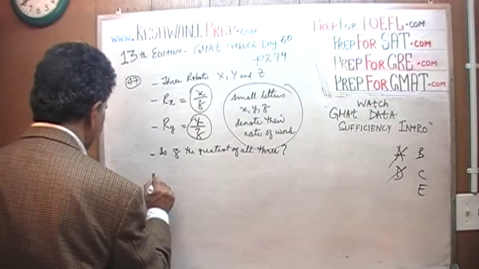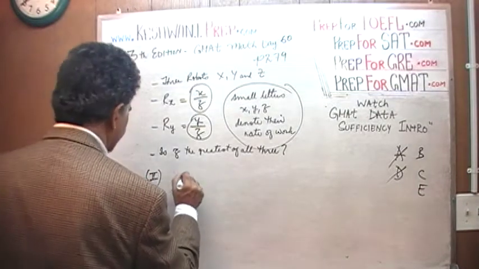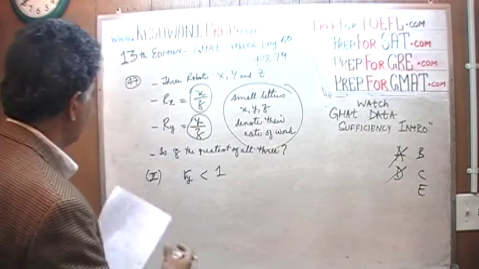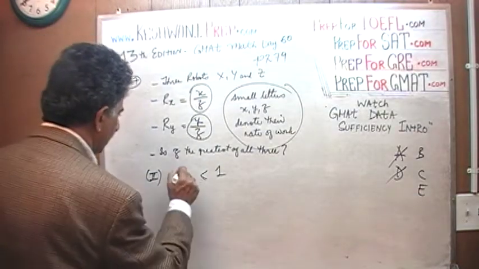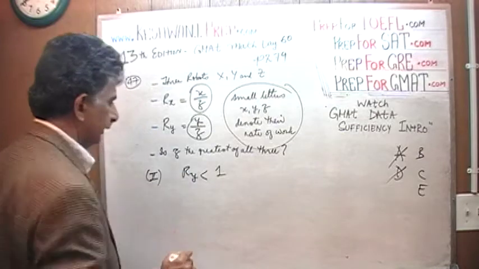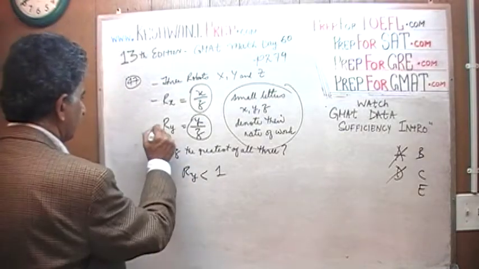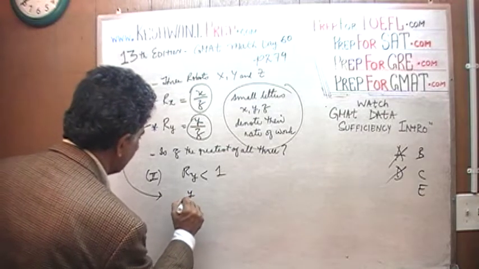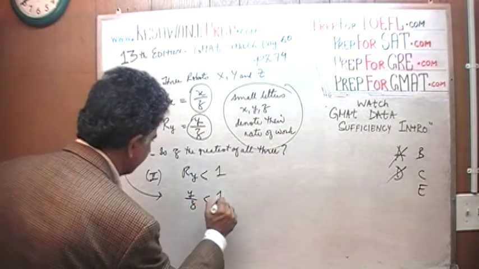The second statement tells us that R subscript Y is less than 1. R subscript Y, I shouldn't have used the small letter R. R subscript Y is this guy right here. So that tells us that Y over Z is less than 1.